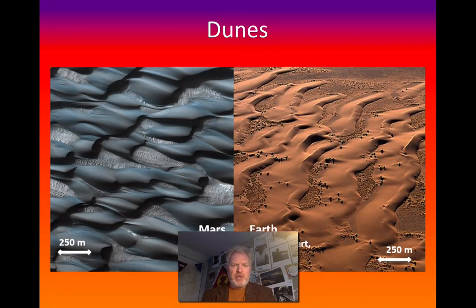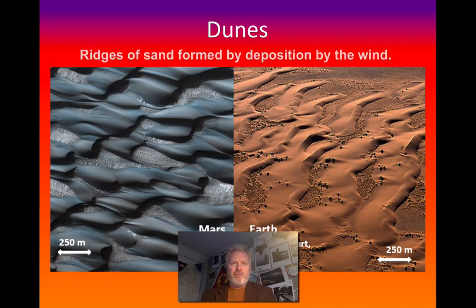The third pair of images is of dunes. From Earth, we have an aerial photograph of the Namib Desert in Namibia, and from Mars, a location called the Ablosundai. Now, dunes are ridges of sand formed by deposition by the wind.